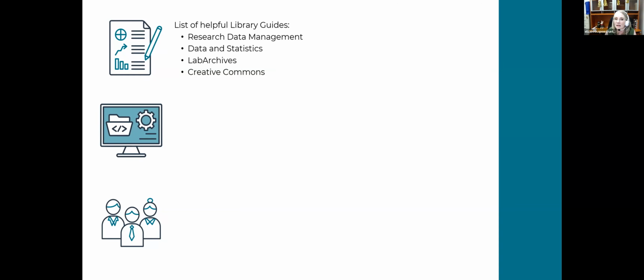And then we also have a guide on Creative Commons licensing. And the reason I'm bringing that up is because should you request a DOI, it's going to ask you which Creative Commons license you want to attach to your data set. I'll go into that more in just a moment, but I have found that although we publish extensively on this campus, not everyone understands the license that they're publishing under.